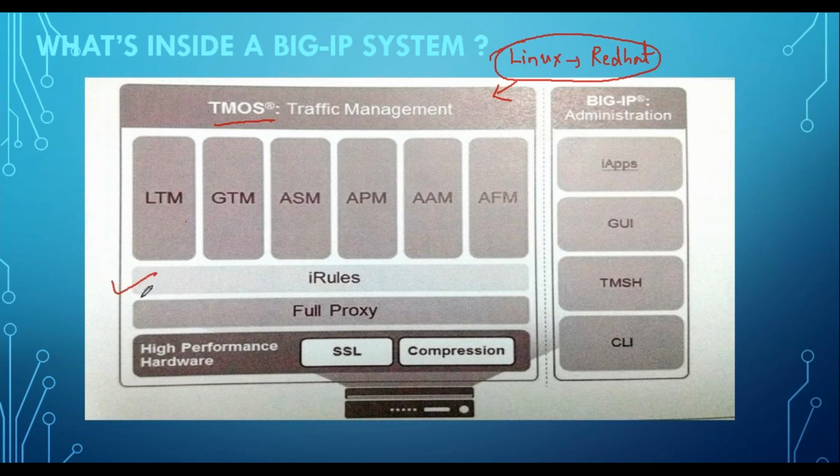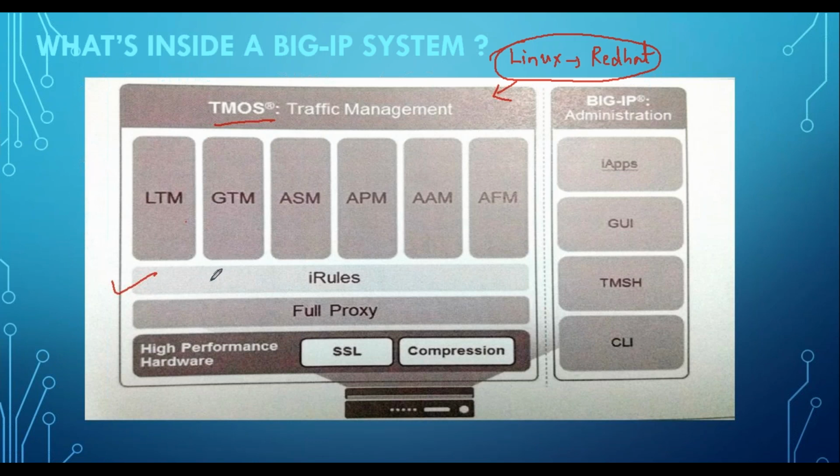iRules are additional scripts which can be utilized to manipulate the traffic flow as per our requirement or to achieve something which cannot be achieved by the basic settings available on F5.